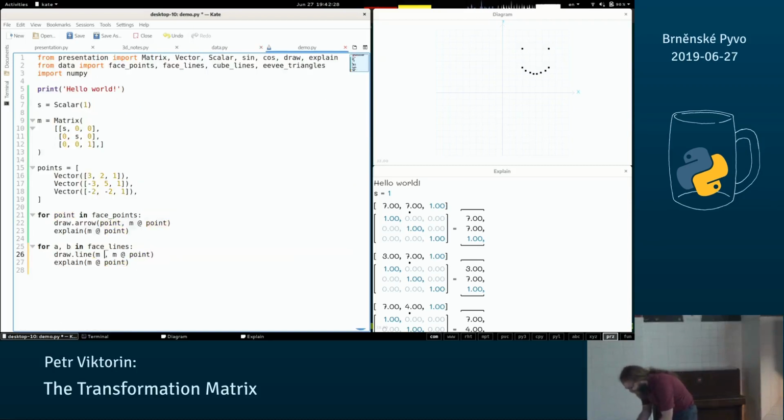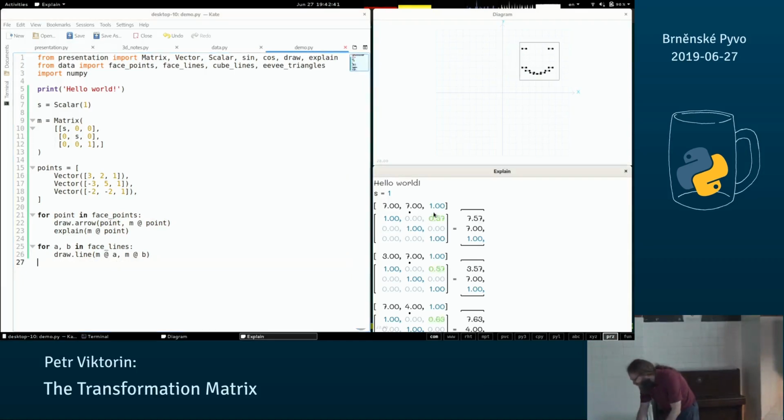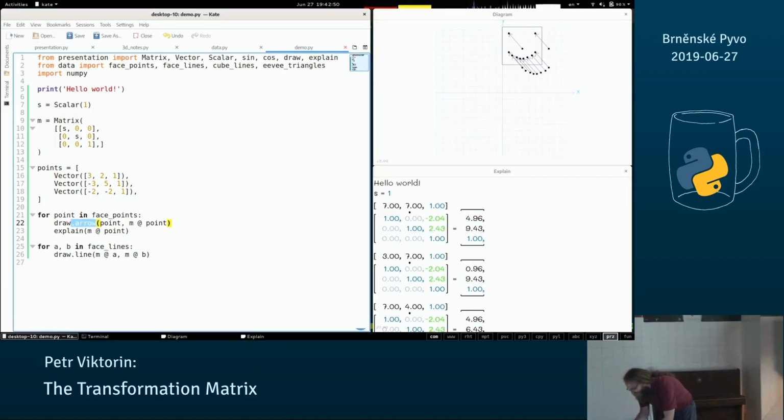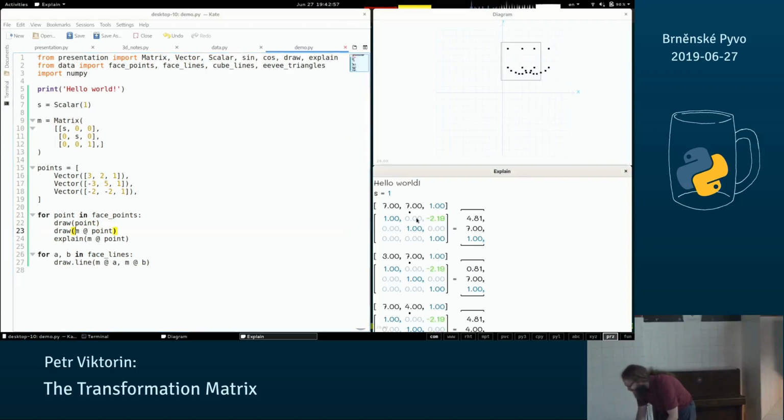So this will be A, B, and I'll draw 4 lines, okay? And these are all transformed, so I can, for example, move this. Let me get rid of the arrow. So I can move this, I can scale it.